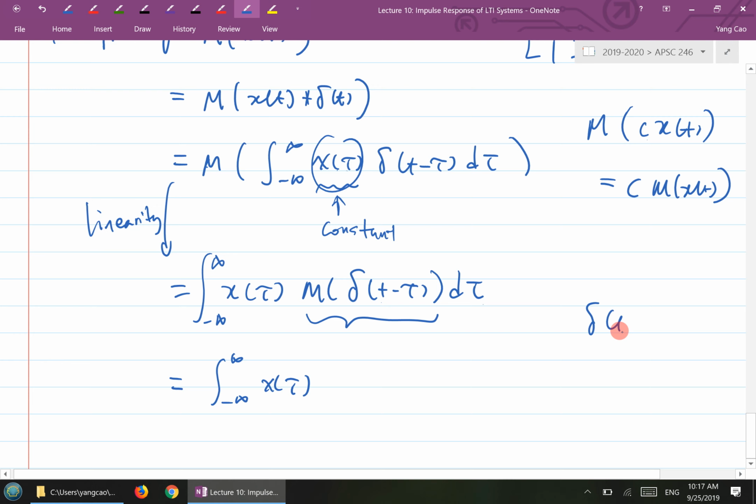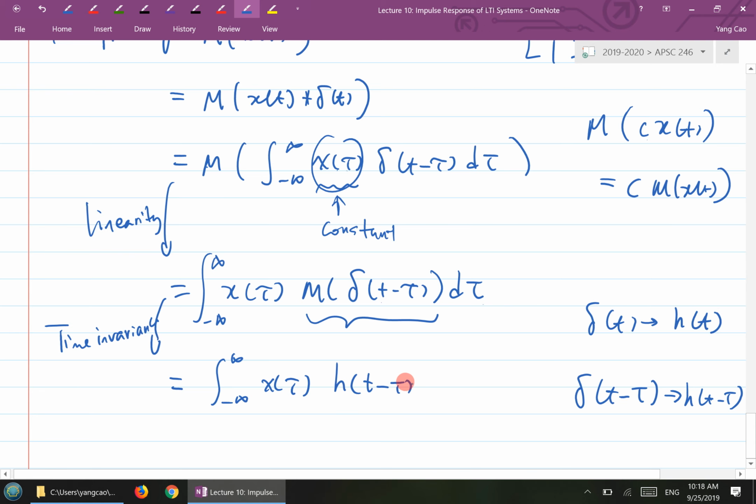So delta of t produces the impulse response h of t. Then, because the system is time invariant, delta of t minus tau should produce what? Exactly. That's the time invariance property here. So this one will give us h of t minus tau.